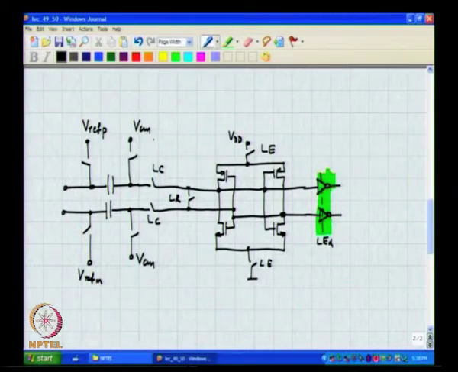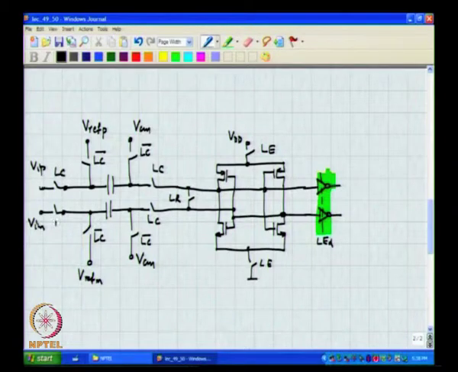So, if this was for instance VIP, VIM, Vref P and Vref M, when LC bar is high, okay, what happens?